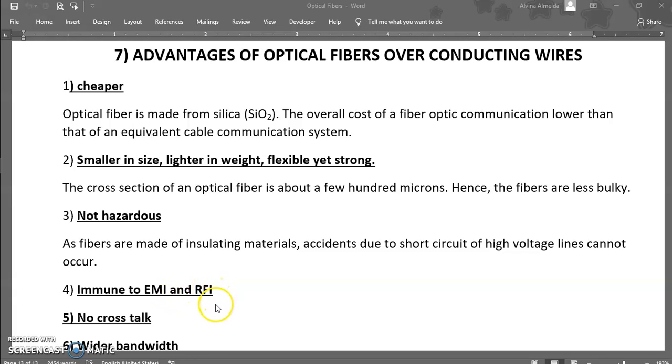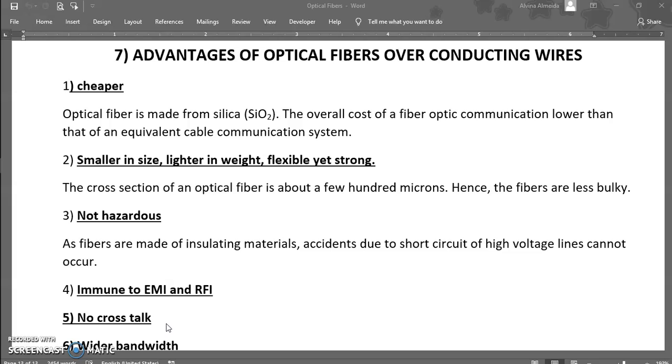Now, since the photons which carry information are electrically neutral, there is no crosstalk. The light waves propagating along the optical fiber are completely trapped within the fiber and cannot leak out.